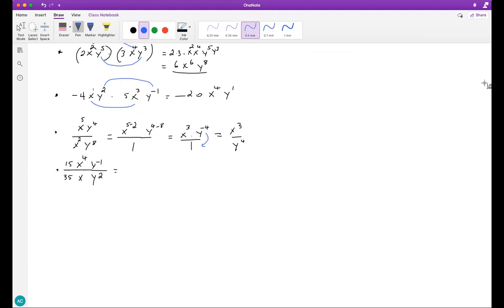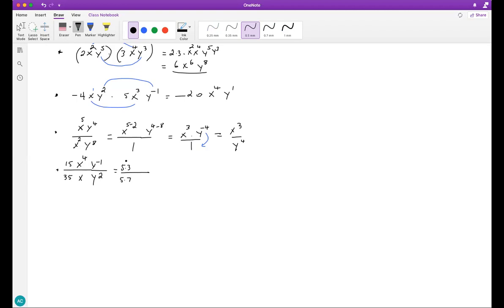Yes. That's right. So we're going to look for the highest number that can go into both. What's the highest number that can go into 15 and 35? 5, that's right. We can say 15 is 5 times 3 over 5 times 7.